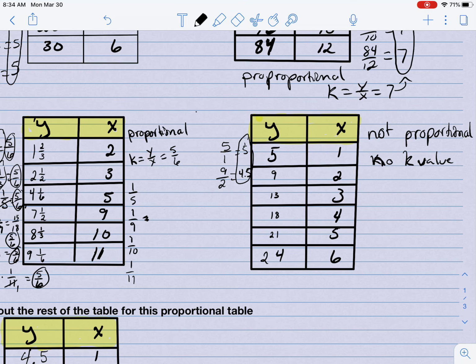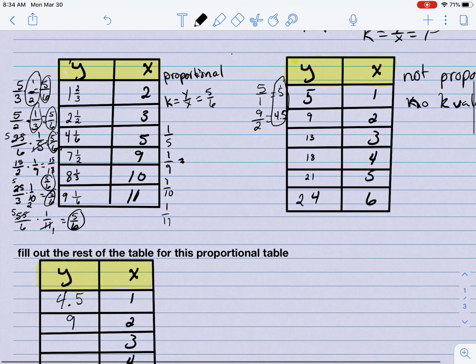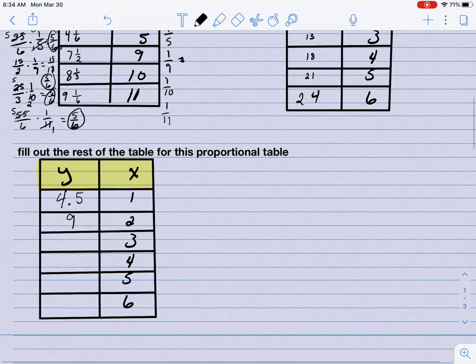Okay, so when you're checking to see if they're proportional, if you come across one that is not, that just tells you the whole table is not proportional. Okay, so last thing that you'll see, fill out the rest of the table for the proportional table. So we're told this is proportional, therefore there is a k, which equals y divided by x.